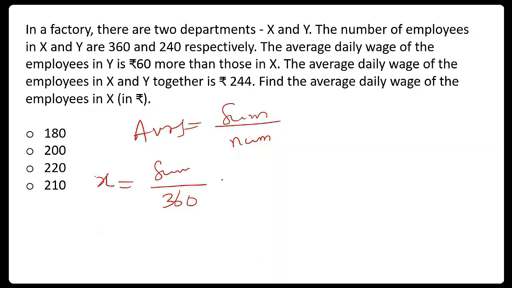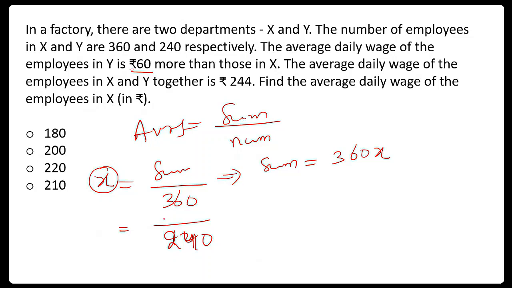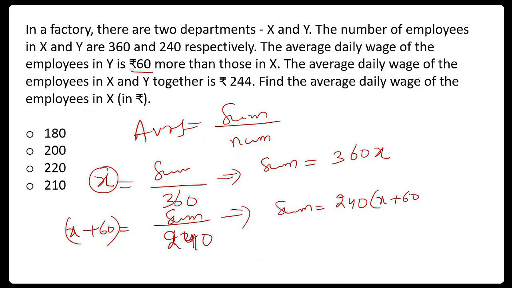Then on cross multiplying, the sum of salaries in X department is 360x. In department Y, the number of people is 240, and the average salary is 60 more than that in X, so x plus 60.